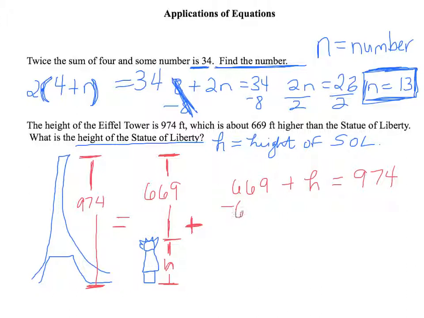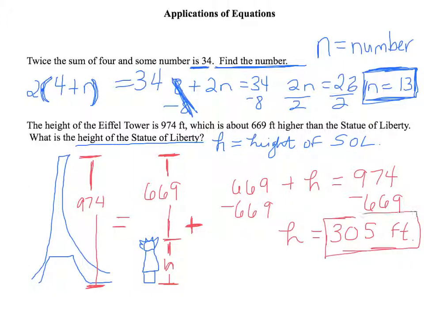And if I subtract 669 from both sides, I think I will get h is equal to 305. Now remember, this is feet, so 305 feet. So h was the height of the Statue of Liberty. What is the height of the Statue of Liberty was our question. So we've answered it. The Statue of Liberty is 305 feet.